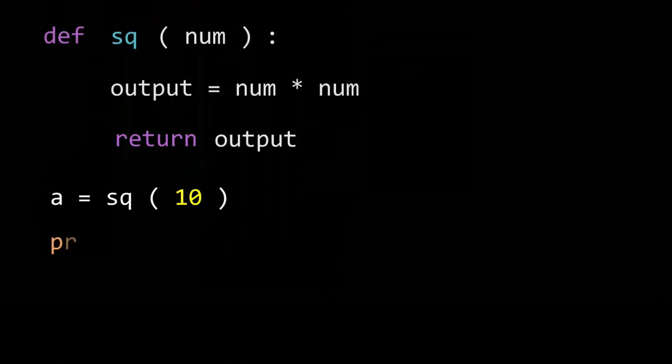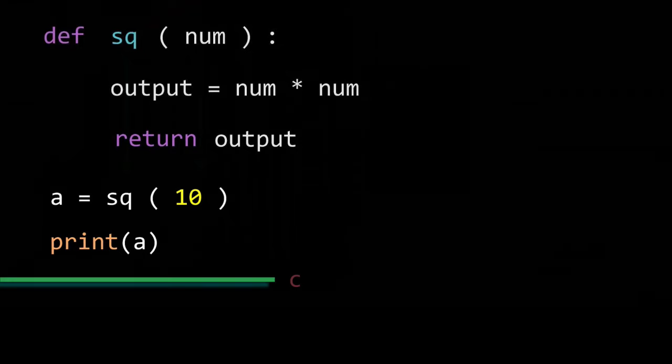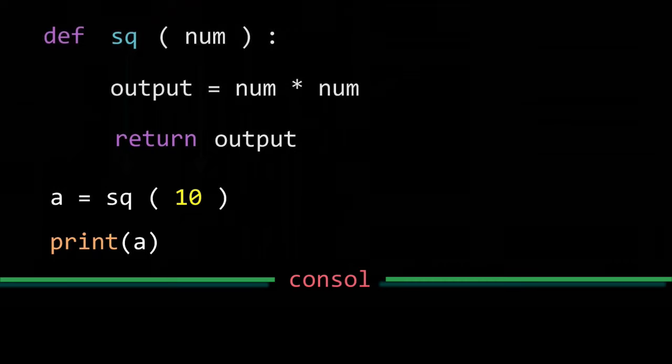And finally the function print into bracket a. When we run this program, you will get the output on the console window, and the output you can observe here, you will get the value 100.